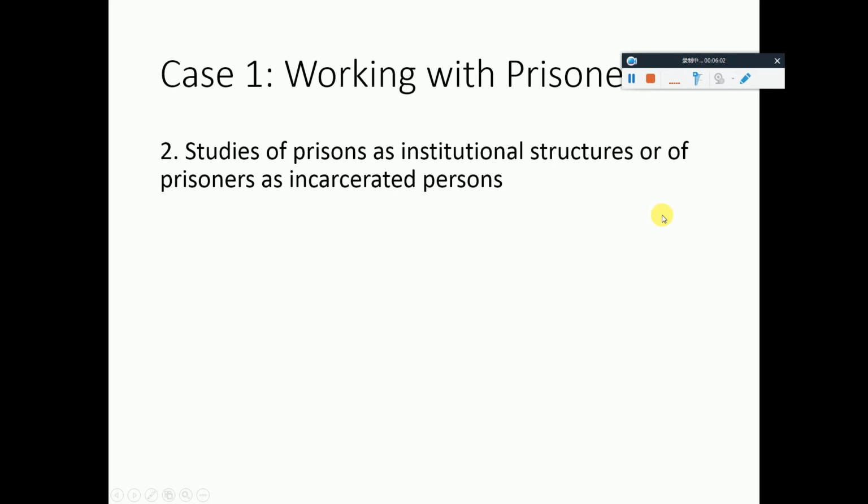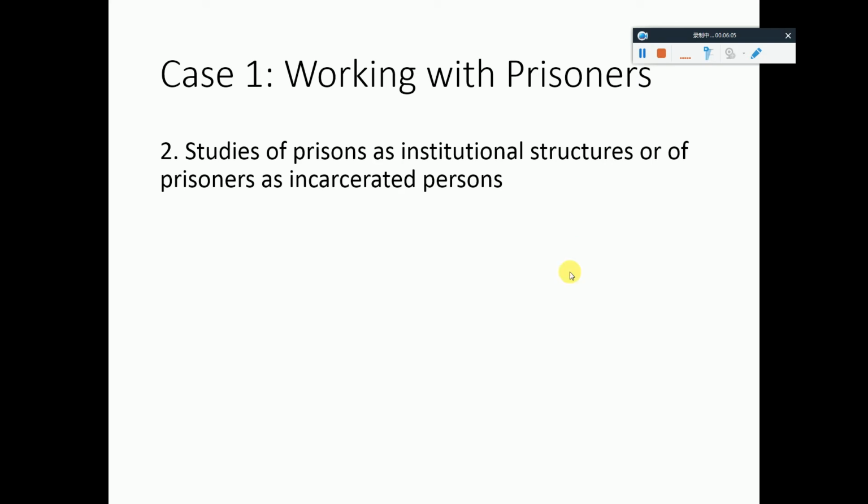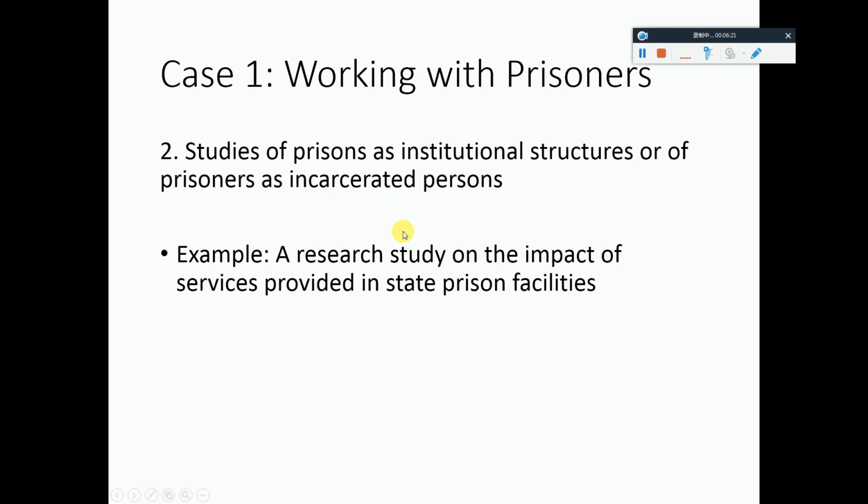The second type of study that federal regulations allow prisoners to participate in are studies of prisons as institutional structure, that is, to evaluate certain aspects of prisons, or studies on prisoners as incarcerated persons. What does that mean? A research study on the impact of services provided in state prison facilities is okay, because this research project evaluates a state prison as an institutional structure.